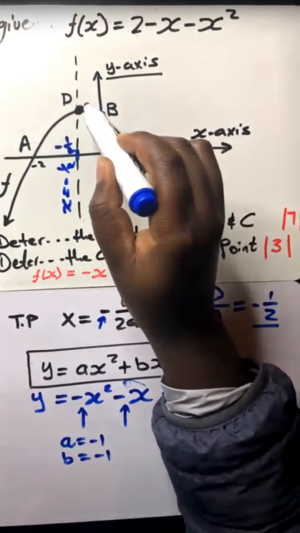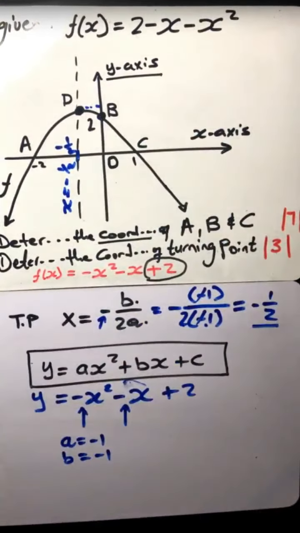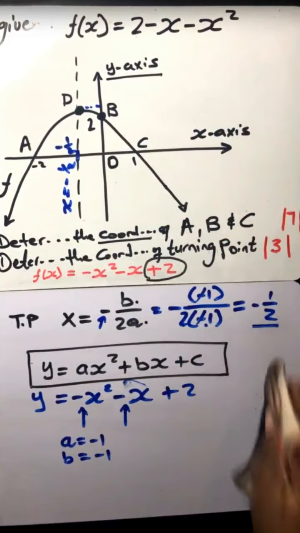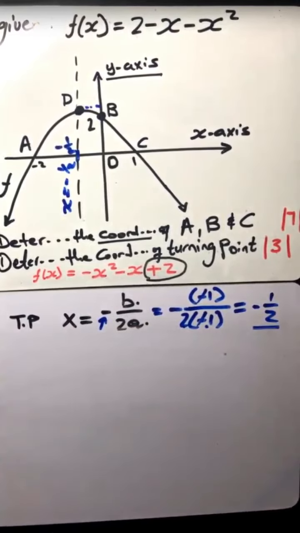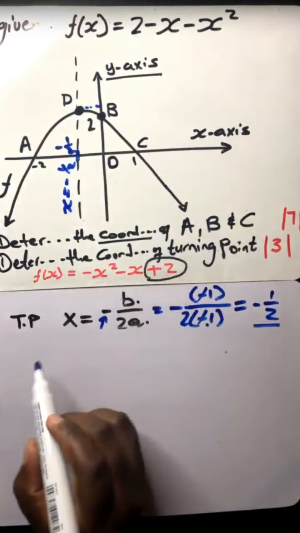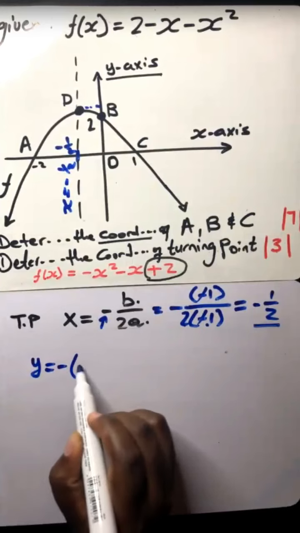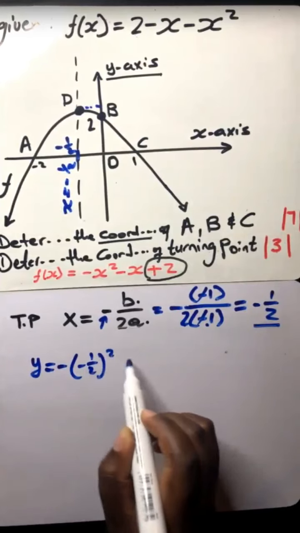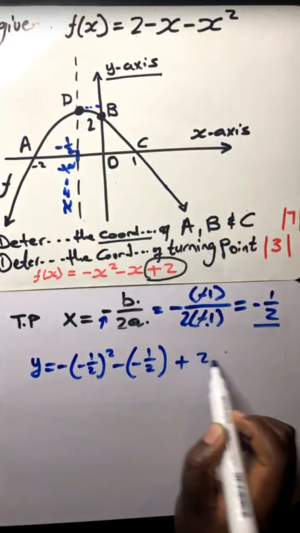So we now need to find the y value of the turning point. So for you to determine the y value of the turning point, in yesterday's lesson, if you remember very well, we said you substitute whatever that you got into the original formula. So that means y is equal to -1 over 2 squared minus -1 over 2 plus 2.